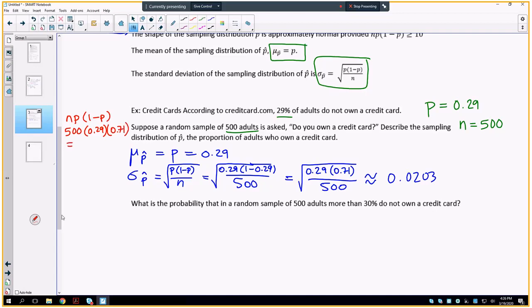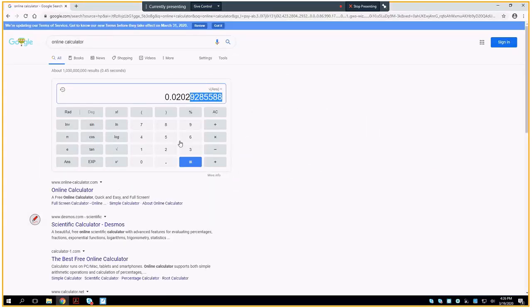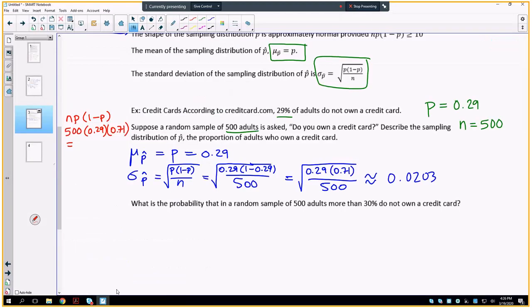We can plug that into our calculator: 0.29 times 0.71 times 500. We have 102.95. So this is 102, and that's plenty large enough, larger than 10.